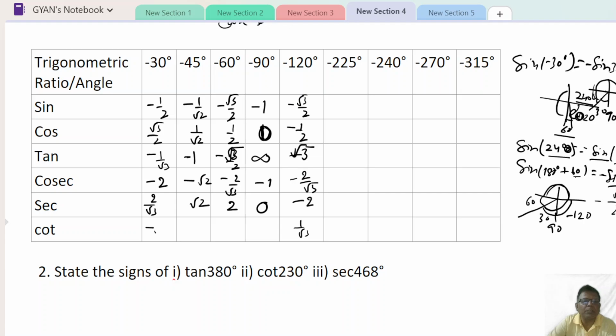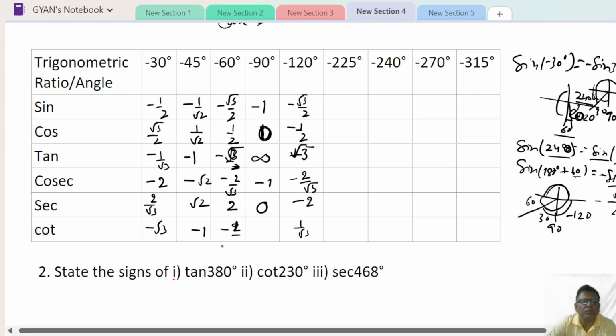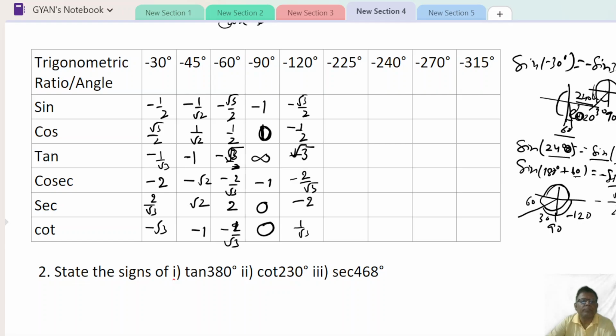This one, that is minus root 3. That is minus 1. And that is minus 2 by root 3. So root 3 reciprocal is minus 1 by root 3. And infinity, reciprocal of infinity is 0. So reciprocal of 0 is infinity. So here it will be infinity. So cos minus 90 degree will be infinity.